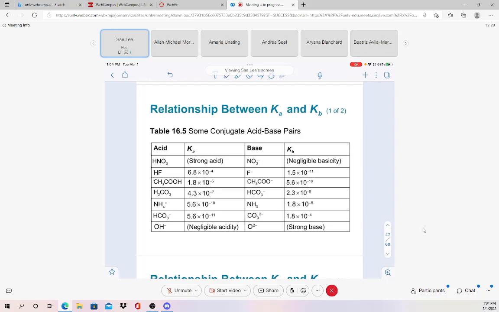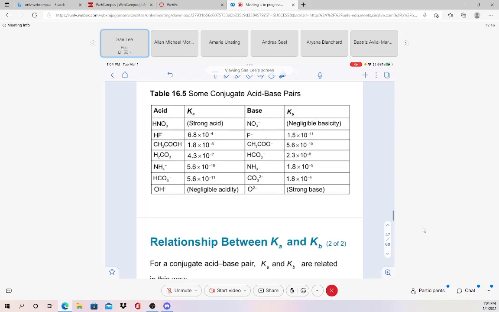For this acid, after the proton falls off, after deprotonation, you will have a conjugate base that looks like this. For this acid, you have this conjugate base, and so on and so forth. So these are the conjugate acid-base pairs.